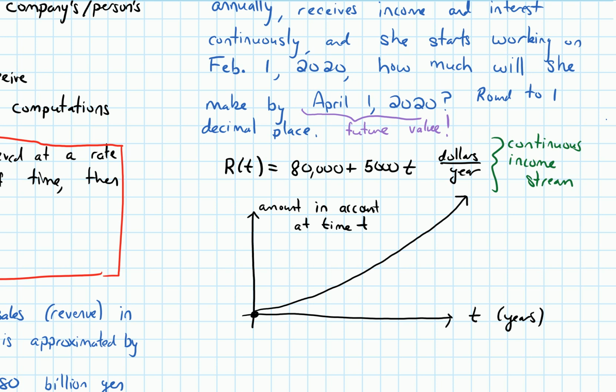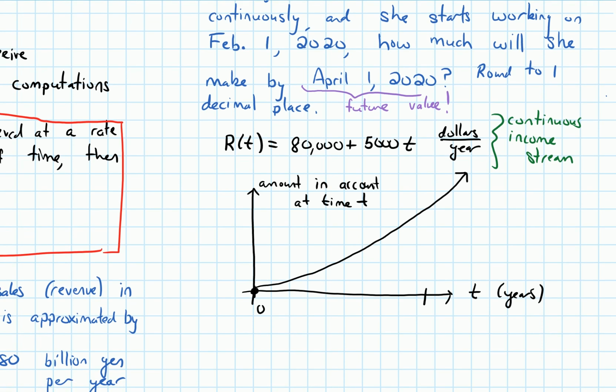Now we want to know what's happening from this starting time, February 1st, which I'll mark here as 0. That's my starting point. Then at the ending point, I'll put a tick mark. How many days have elapsed from February 1st to April 1st?